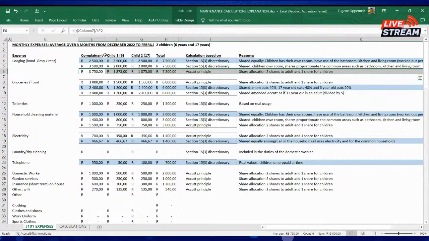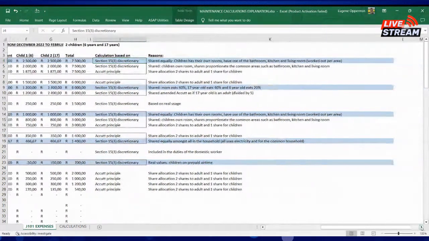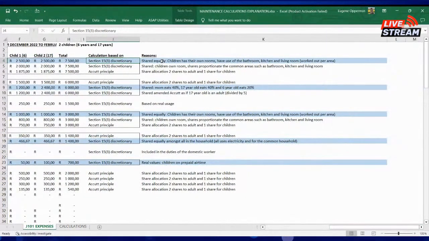Okay, if we go to the top portion, if we share that amount of lodging, remember now there's mom and then there's the 2 children, 6-year-old and 17-year-old, if we share that equally, and the reasoning for that is the children have their own rooms, they've got full access to the bathroom, the kitchen, and the living room.